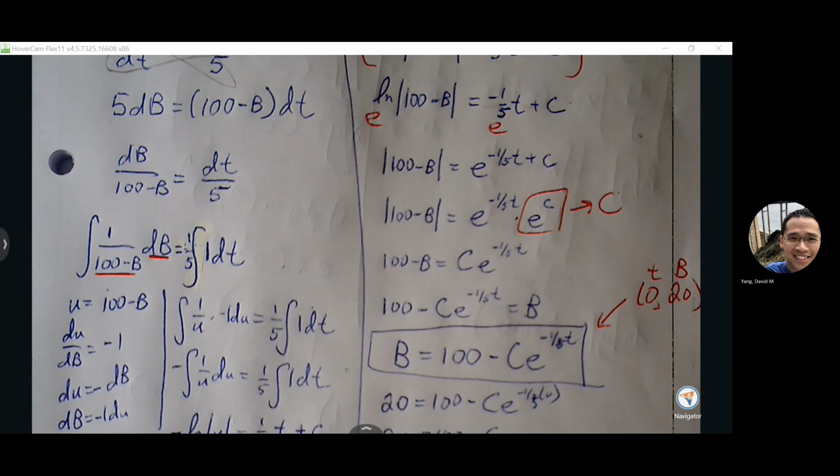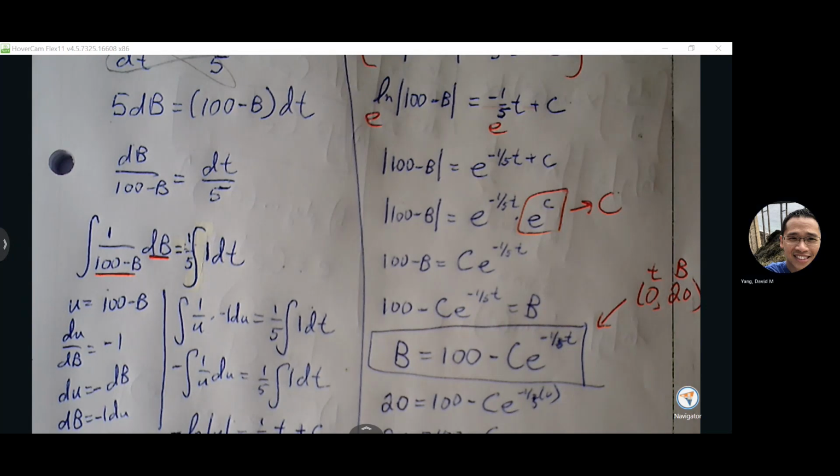Yeah, that's good. This looks good. 20 goes here. 0 goes here. Equals negative C. C is 80.